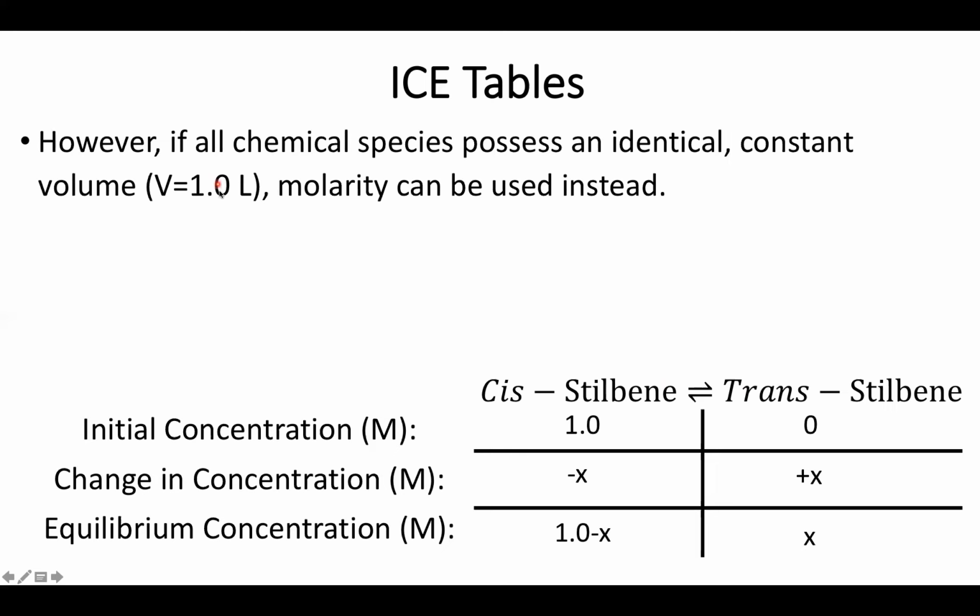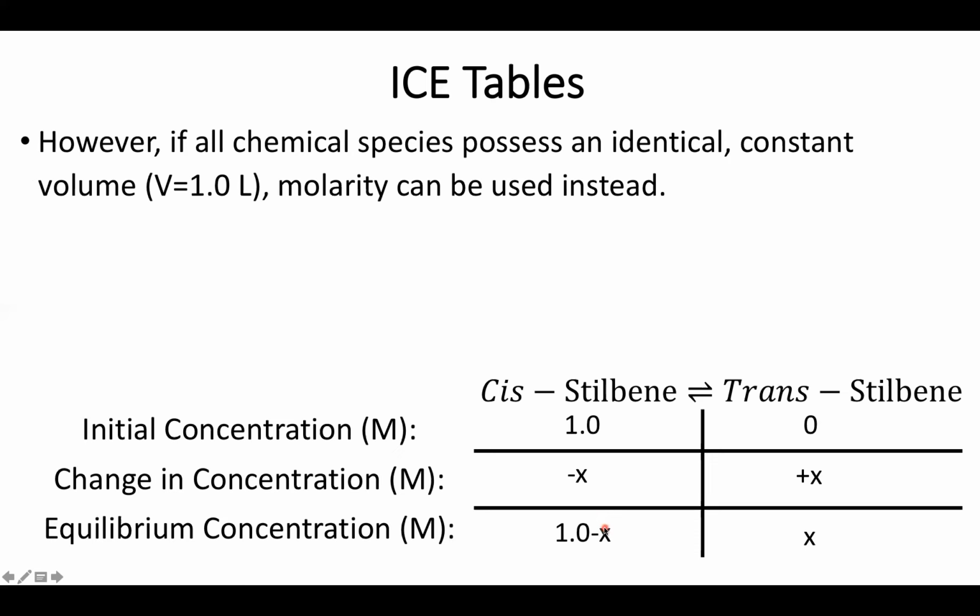And that volume doesn't change. So I'm not generating or consuming a fair amount of my solvent. So in this case, we can use molarity instead of moles, which is fairly convenient. But watch out for trying to do this where we have the reactants and products in different phases. So in these cases, I can represent my ice table now in terms of molarity instead of moles.